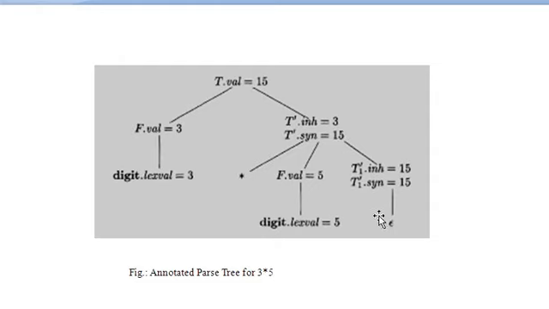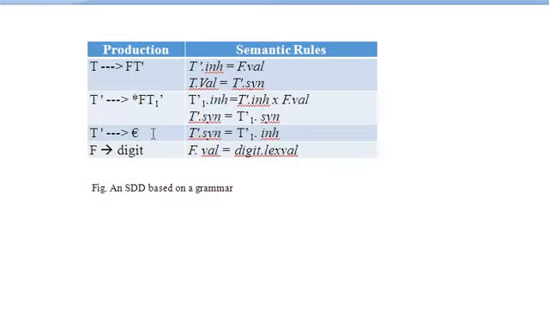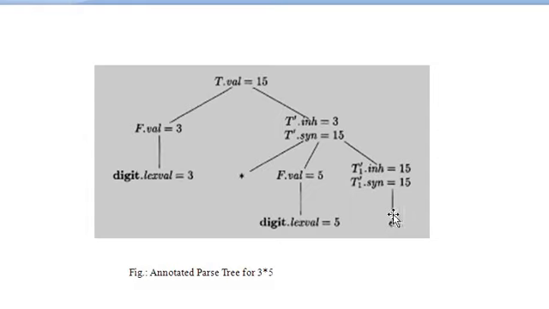At this place, T dash gives epsilon. In synthesized attribute it's 15, and in inherited attribute 3 into 5 is 15. So the inherited attribute 15 is passed to T dot value, so T dot value is equal to 15.